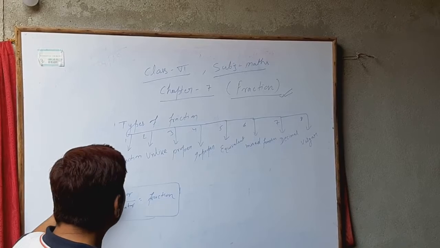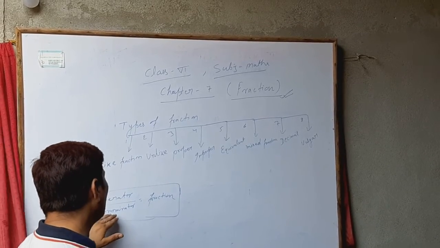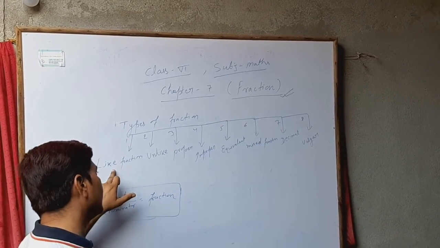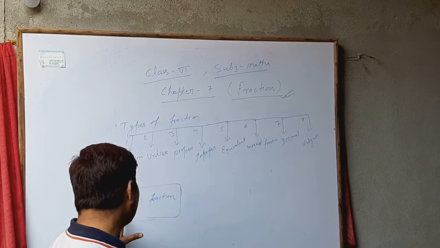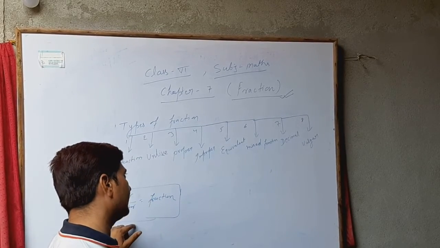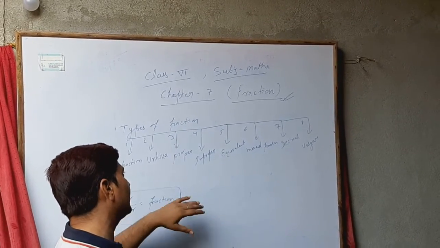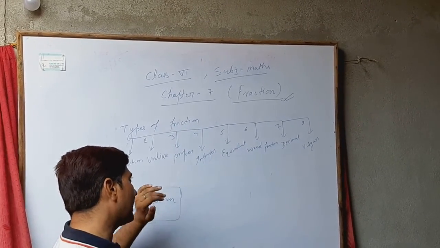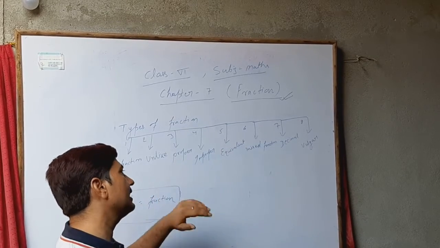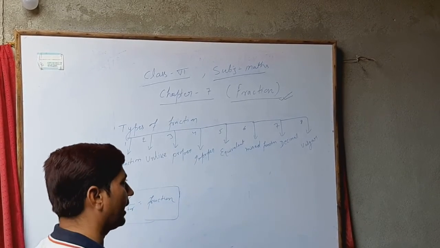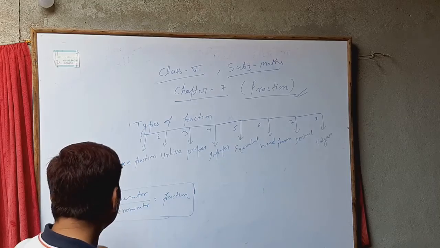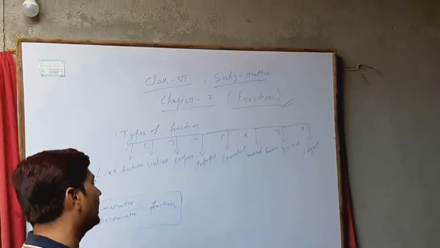Like fraction: a fraction whose denominator is same, that is like fraction. A fraction whose denominator is not same, that is unlike fraction. A fraction whose numerator is less than denominator, that is the proper fraction. A fraction whose numerator is greater than denominator, that is the improper fraction. Next I will discuss. Firstly, we will see here.